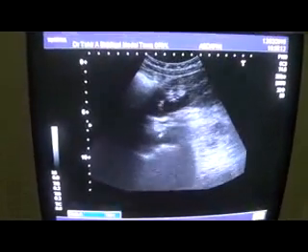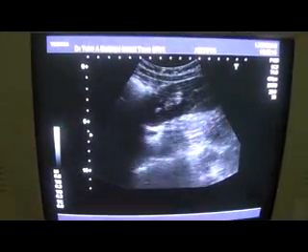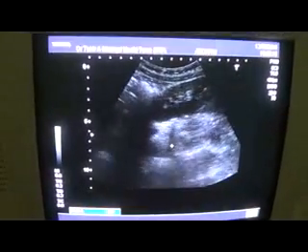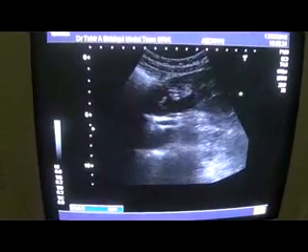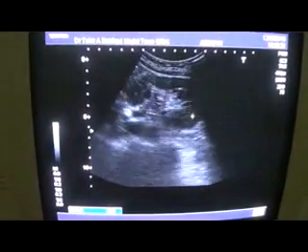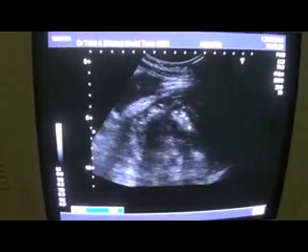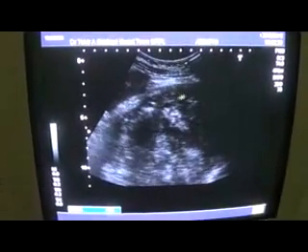You can note the pulsations. This is the aorta. This is the kidney, and when I move the probe a bit towards the left shoulder of the patient, I get the mass.